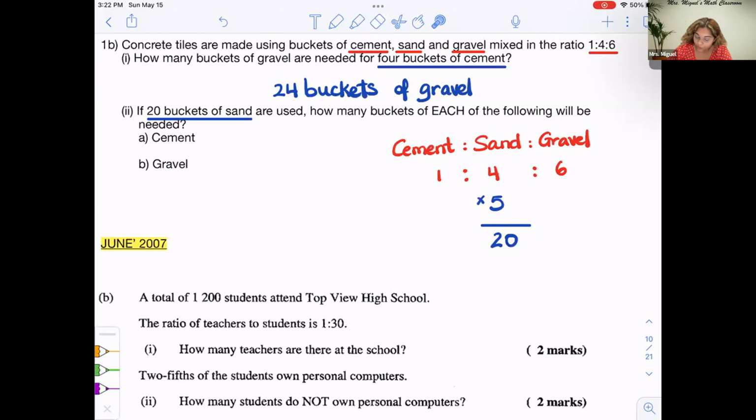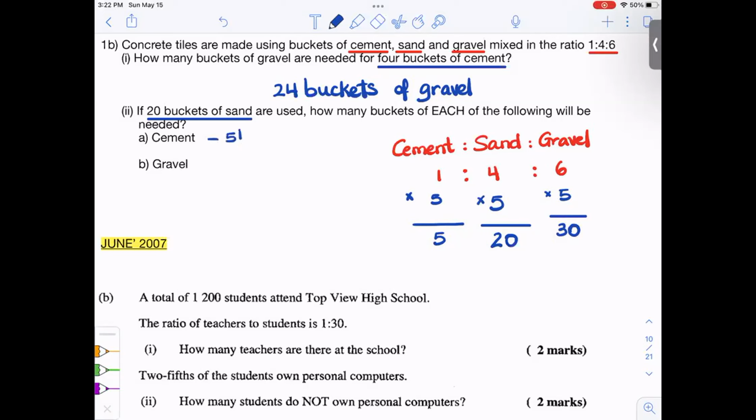All right. So if we multiply 1 by 5, we will get 5 buckets of cement. If I multiply 6 by 5, I will get 30 buckets. Did you all get it? Yes, Miss.